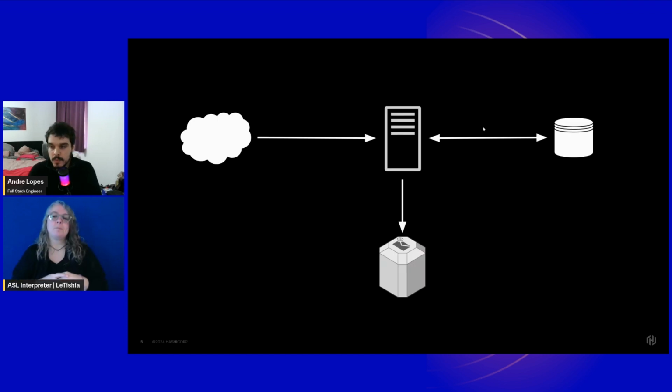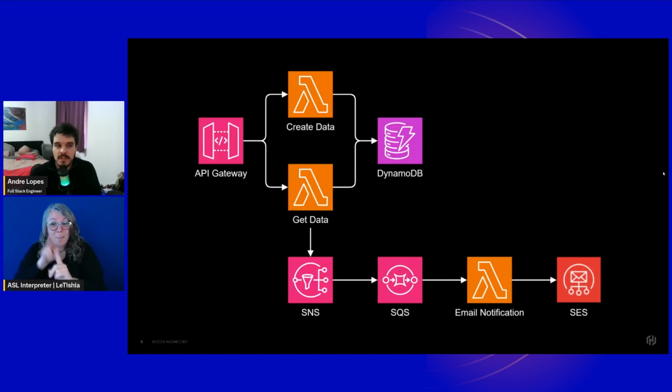So for example, this is a classic approach where you have a server, a database, and, for example, a mail service down below. If we convert this to a serverless application, you would have something like this: an API Gateway, two lambdas, one for getting and creating data, a DynamoDB, and then messaging queues and publishers, another lambda, and SES, for example.